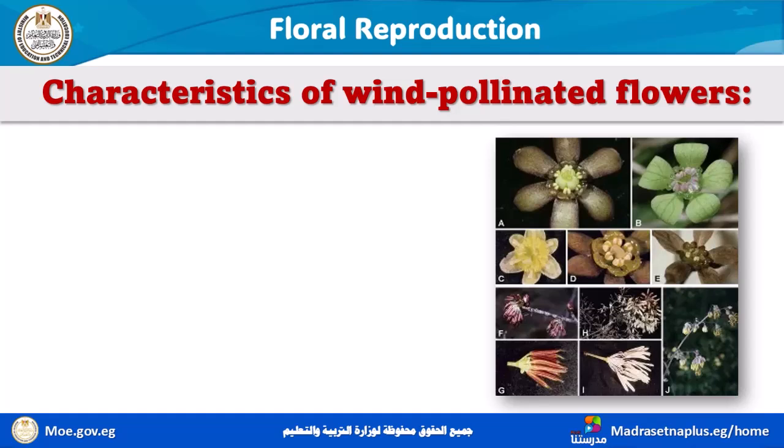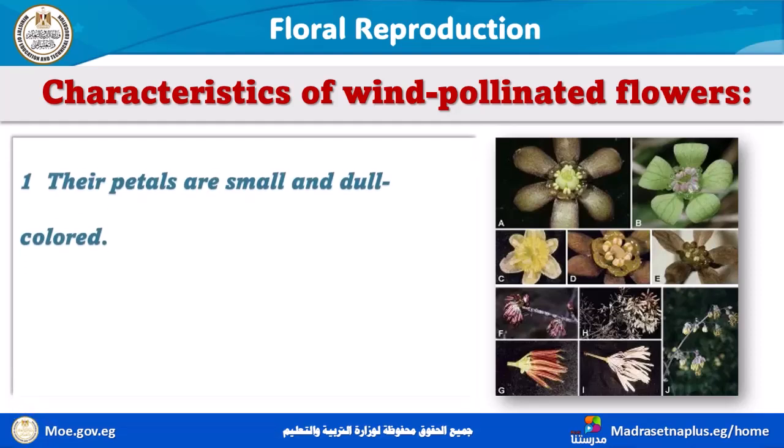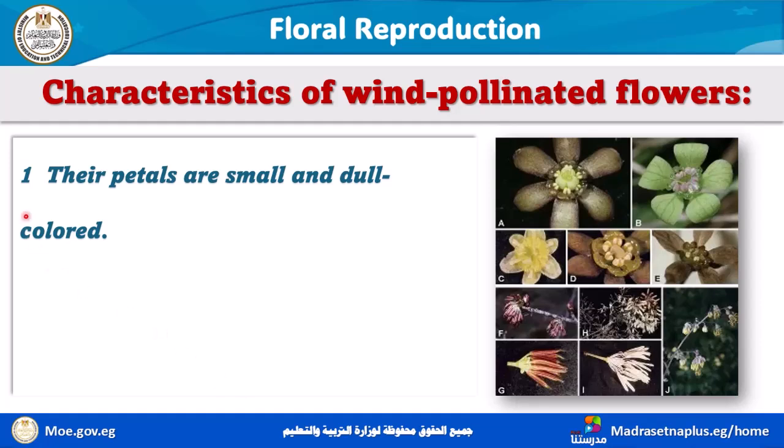What are the characteristics of wind-pollinated flowers? The petals are small, as you can see here in the figure. The petals are small and dull colored.